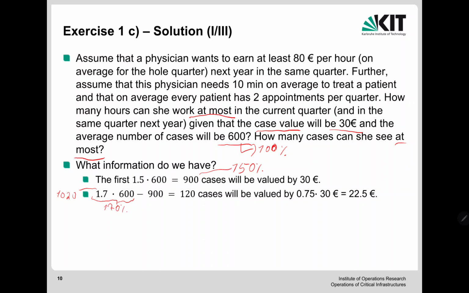So that means 120 cases will be evaluated only by 22 euros and 50 cents. So she won't get the 30 euros anymore; these 120 cases will be evaluated by 22 euros and 50.